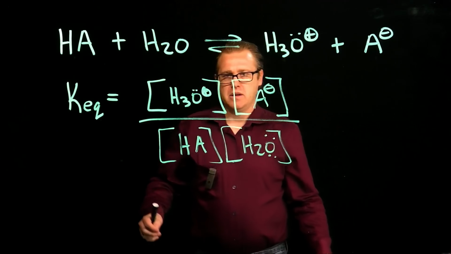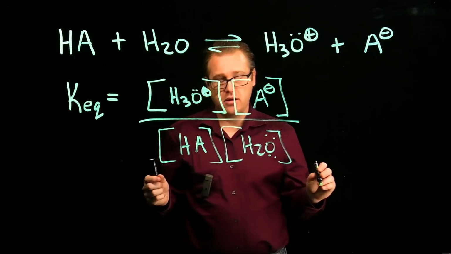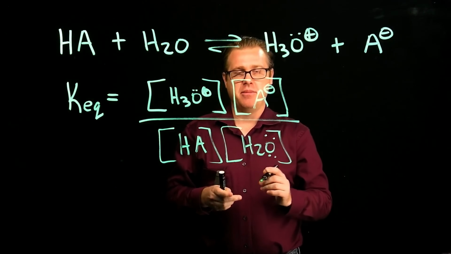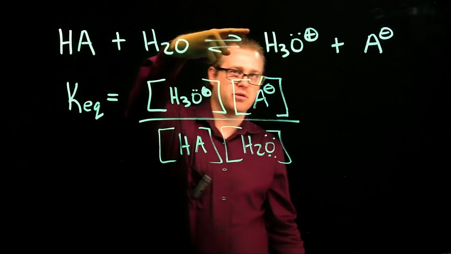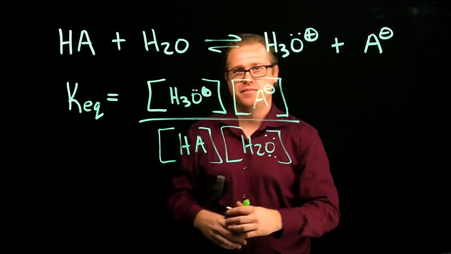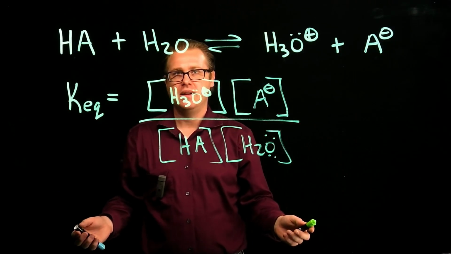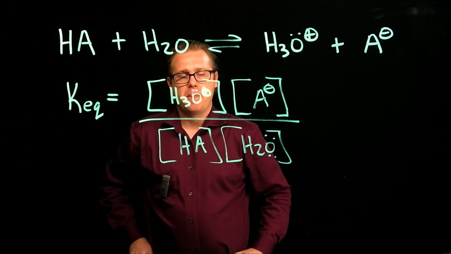Okay. So once you take some acid, dump it into water, and once equilibrium is reached, and that simply means that the net change in the forward direction and the net change in the reverse direction is the same. Okay? So we're at equilibrium.